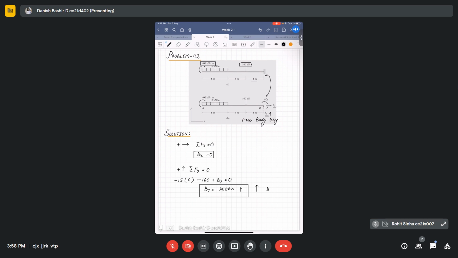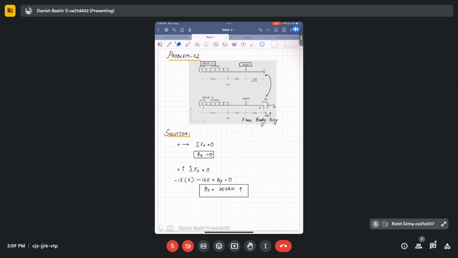Then By would have been 250 kilonewton acting downwards. That's the only thing you have to do. Nothing to worry about the sign. A sign coming out opposite is just the indication that the assumed direction you started with is actually the opposite of the actual.